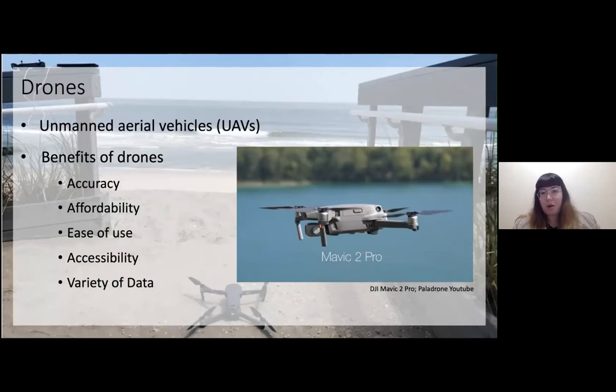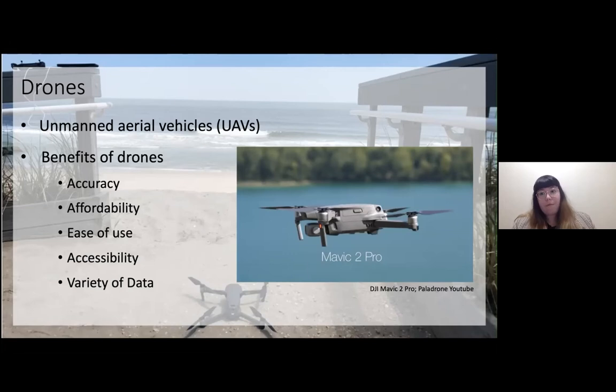And drones are really useful besides just looking really cool and being fun to use. One of the first things that's really important is accuracy. They're able to provide highly accurate data sets. In the ideal conditions, you're able to get centimeter scale accuracy, vertical accuracy from imagery that it collects, as well as any other sensors you want to add on.